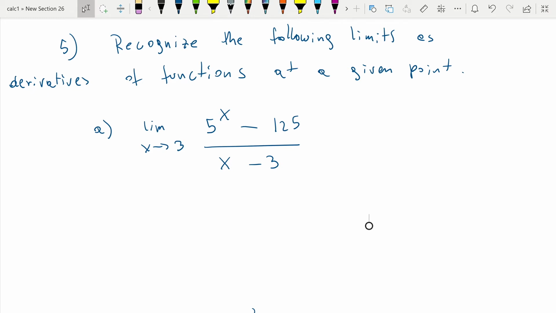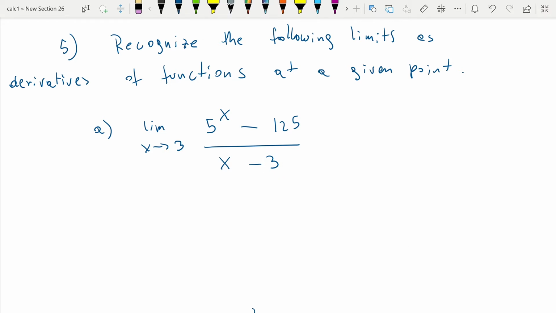Well, basically, in this kind of problem, just look at what's up here. The function that you're going to be differentiating is given from this dependence on x, from the first term in the numerator. Now the point here is how do we find what the point is? You look at the bottom: the 3 is going to be the point at which you're differentiating.